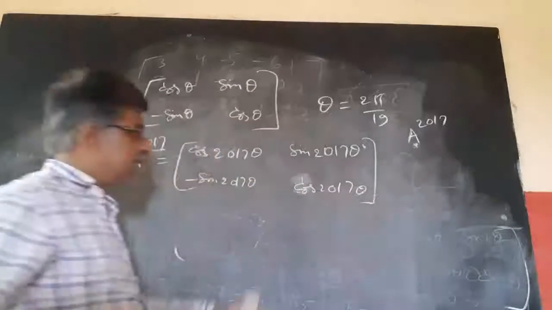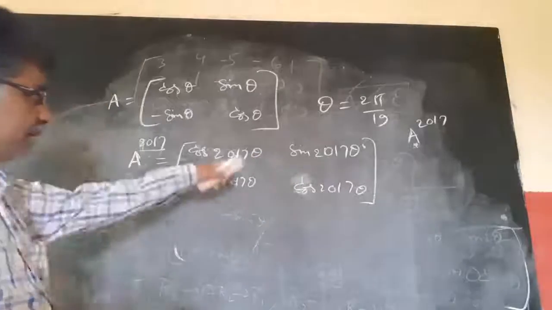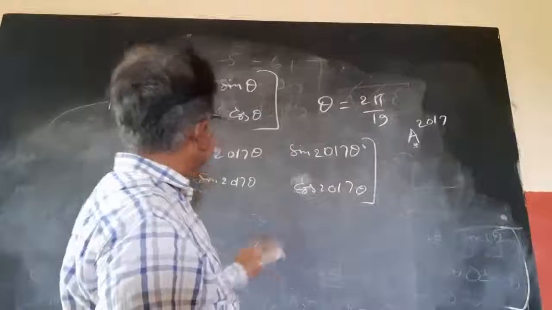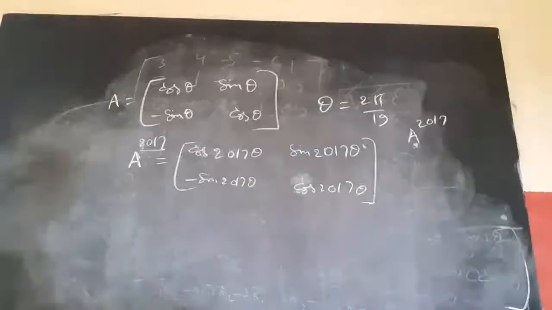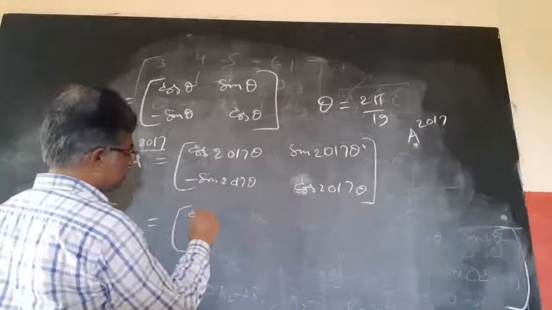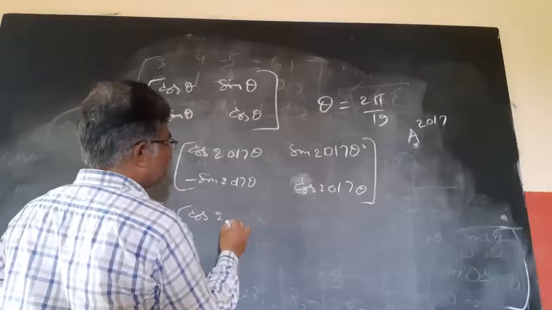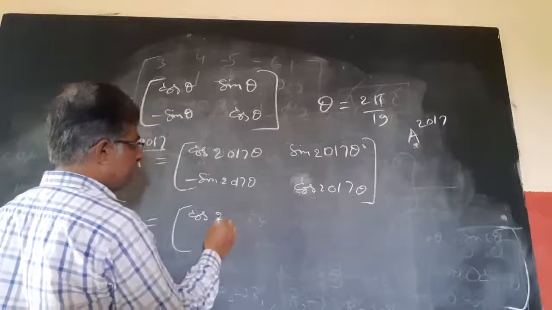Now this theta is 2 pi by 19. So you can apply 2 pi by 19 wherever theta is there, then simplify. So this is cos of 2017 into 2 pi by 19.